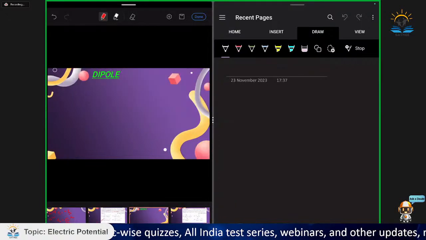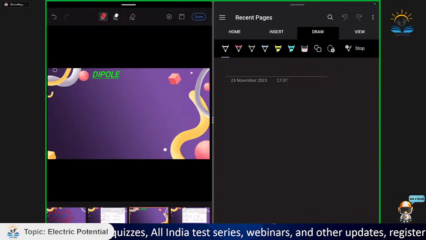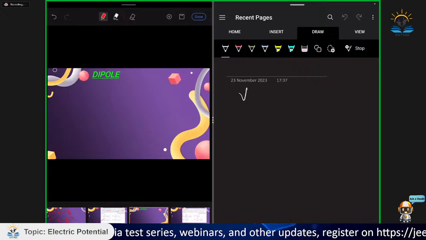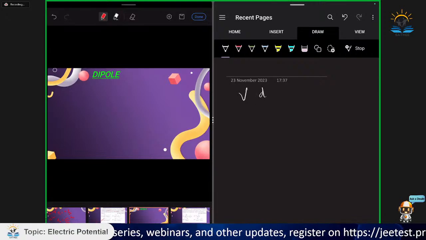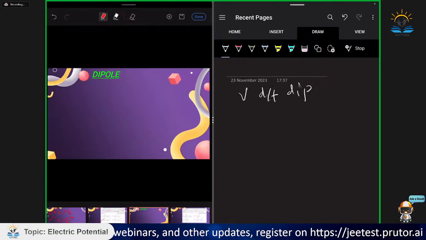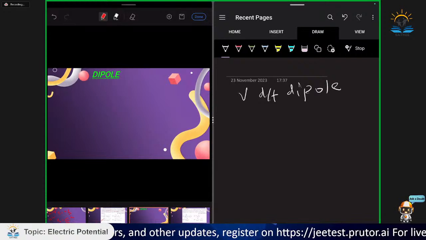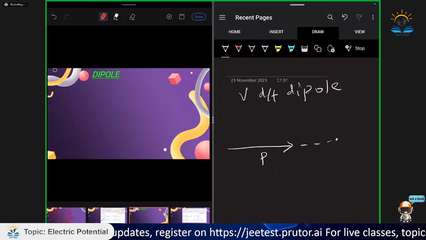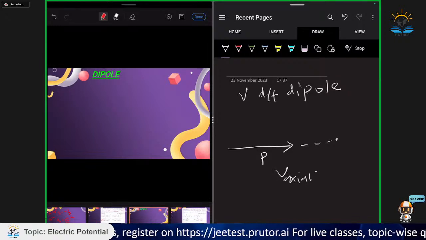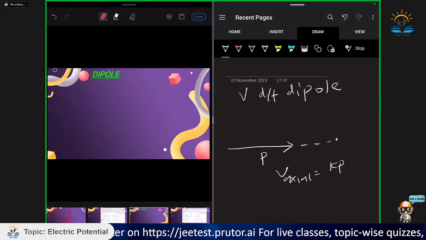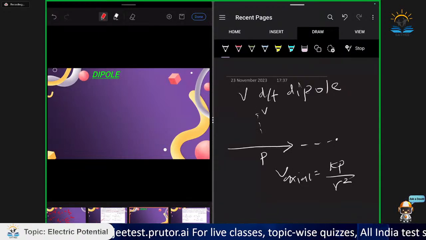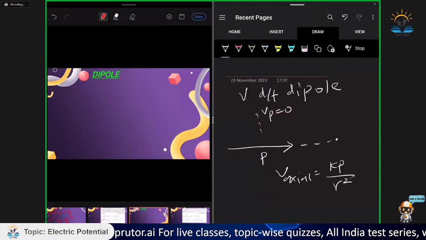Okay, before that, we have to cover the potential due to a dipole. So for dipole P, V axial is equal to kp by r square, and V perpendicular is 0.